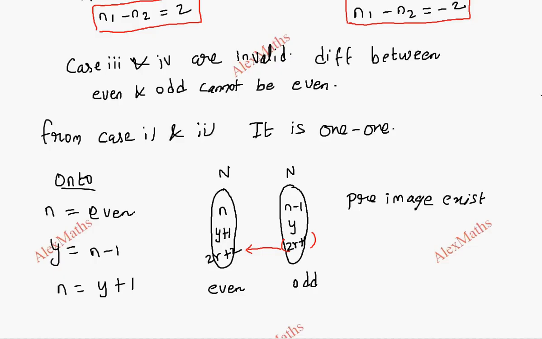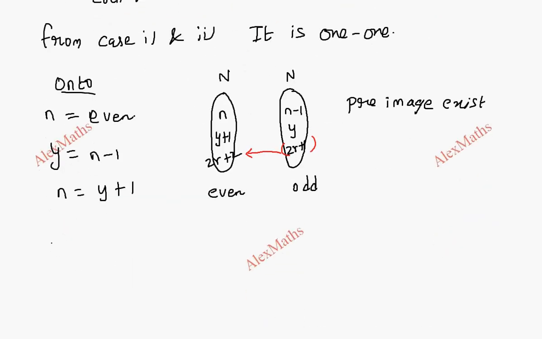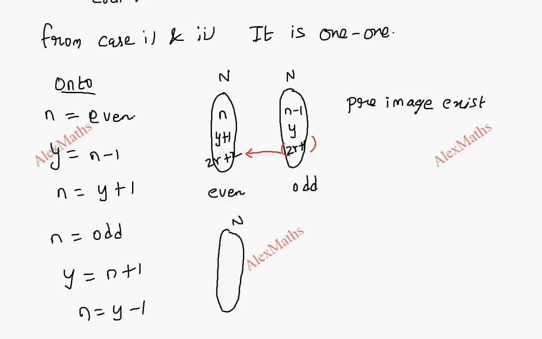In the same way, we can do for case 2, when n is odd, it means y is n plus 1, so n is y minus 1. So we go for the arrow diagram where we have natural numbers here and natural numbers here, this is n plus 1, and this is y, and this will become y minus 1.